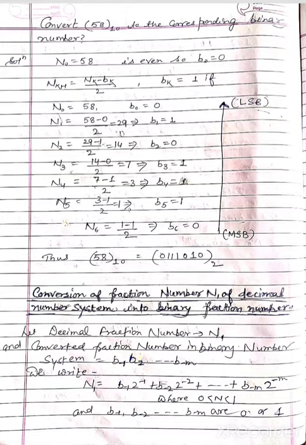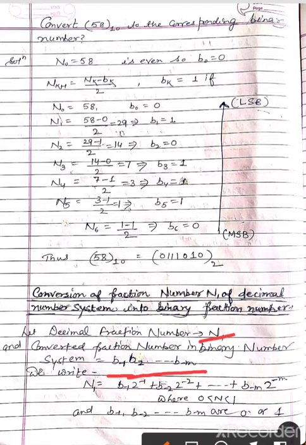Today, we will study the conversion of a fractional number of the decimal number system into the binary number system. Let the decimal fraction number which we have to convert be n1, and the converted fraction number in the binary number system be b minus 1, b minus 2, up to b minus m.